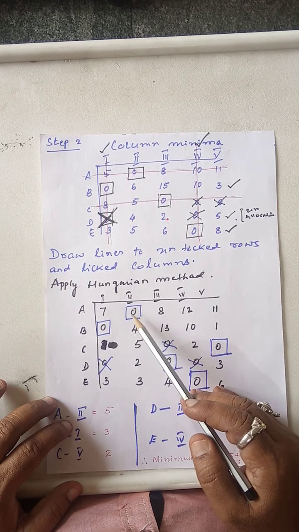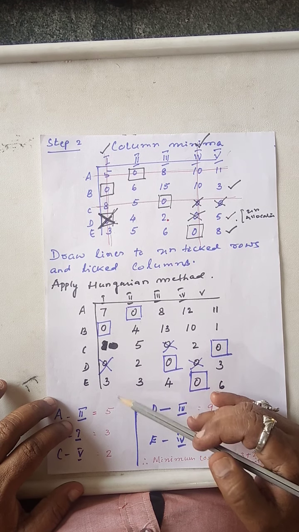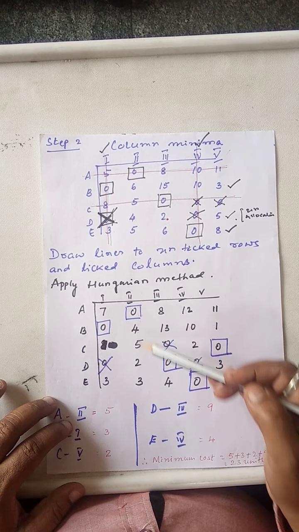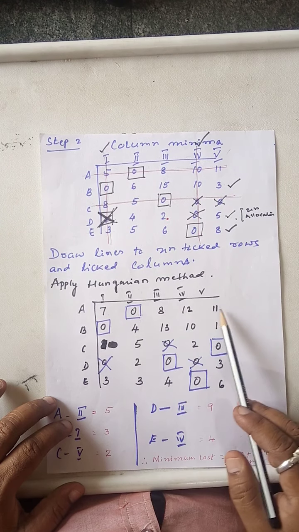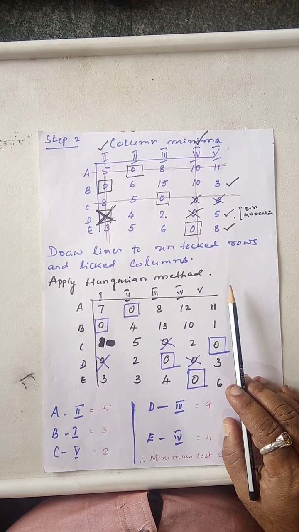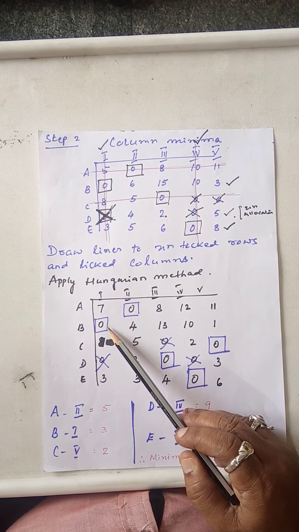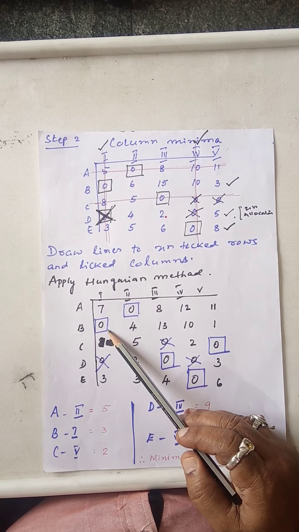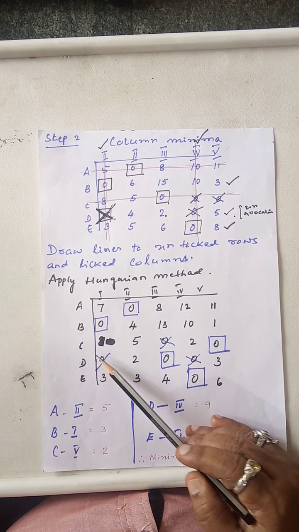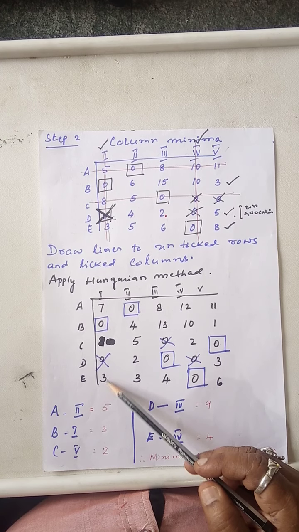Once these allocations are done, you have to ensure that the respective column and row should not have other zeros, and those are to be deleted. Here it is marked and there is no other 0 in the respective row or column, so there are no such cancellations. But when it comes to the second row, here is a 0, it is allocated. At the same time, in the respective column there is a 0, discard it. And go with the next row here.